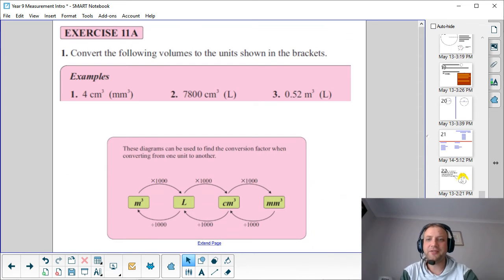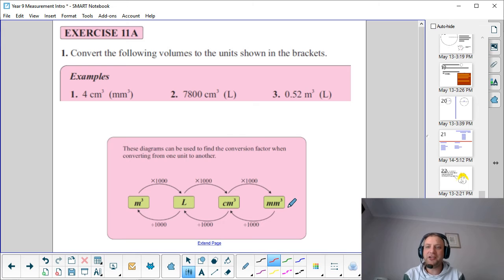All right, so just like all of our other converting questions from the previous lesson, these things are okay as long as you know how many of one unit fit inside the other one. Right? We have flowcharts to tell us that, and we have calculators to do the calculations for us. So we've just got to look carefully at what we're turning into something else and then find the matching spot of our flowchart. So I have 4 centimeter cubes, and I want to know how many millimeter cubes go in there.